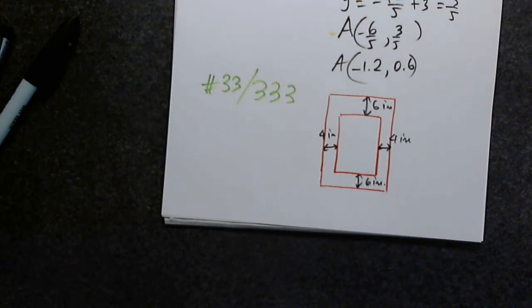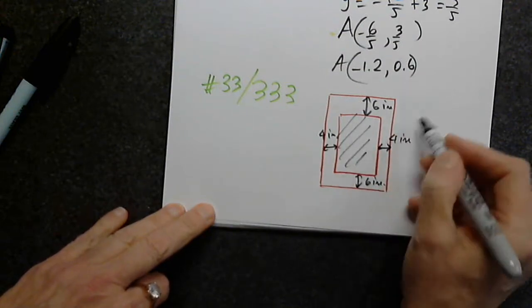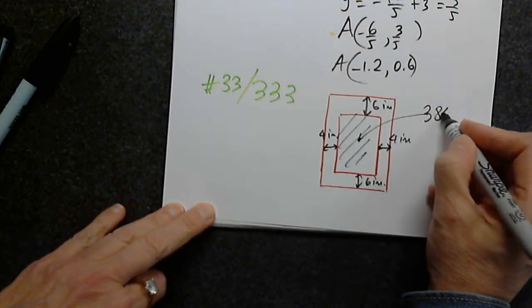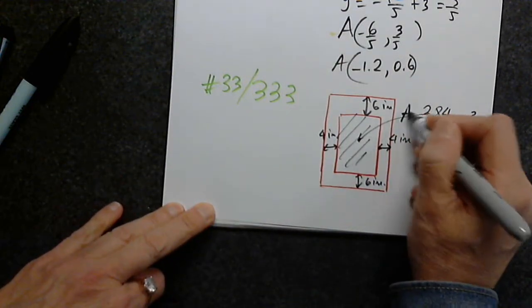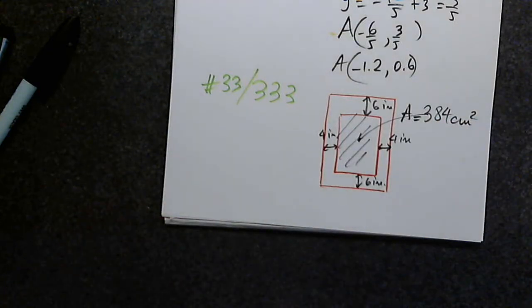That's what I know so far. If the area of the printed material on the poster is fixed at 384 square centimeters, find the dimensions of the poster with the smallest area.